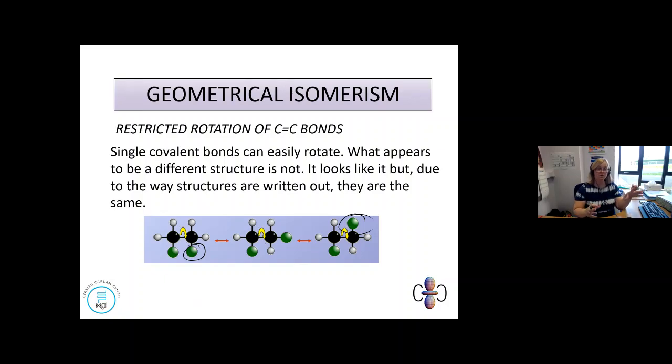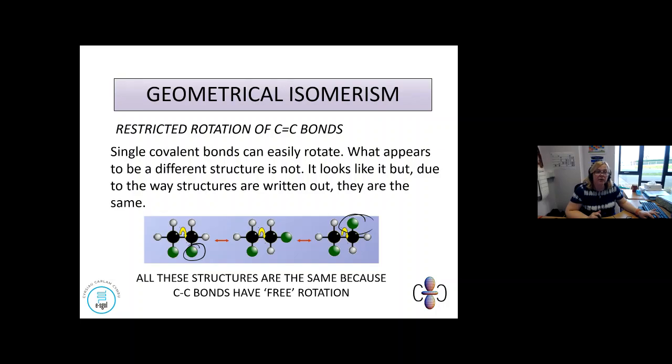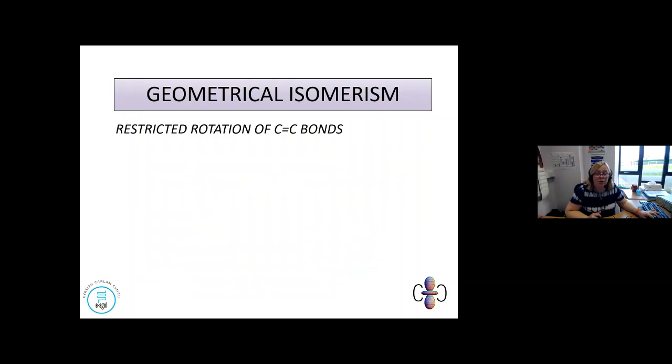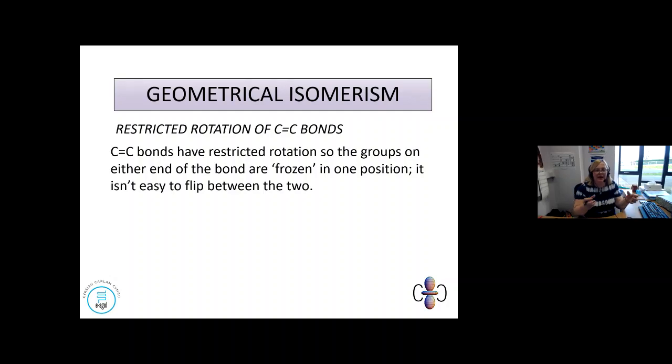So in a single bond between two Cs, this isn't going to be an issue because you can twist it into whatever location, top, bottom, side, left, right, whatever. There's easy full rotation potential. However, if you've got restricted rotation, which is the case in any unsaturated bond, so a C=C double bond, then that is acting like a handcuff on the two carbons and it keeps it in situ.